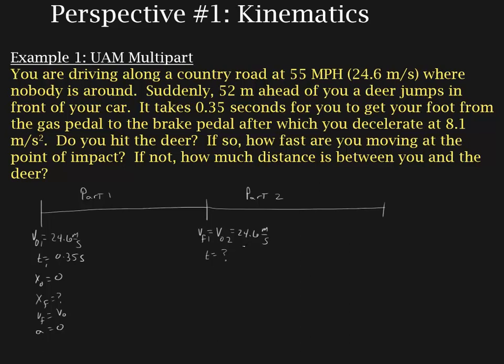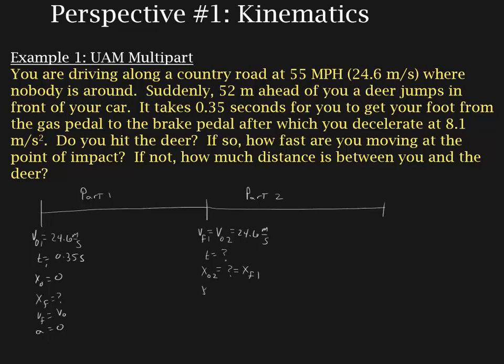Now, in part 2, we have V initial, which we know is the same as V final from part 1, 24.6 meters per second. Time is unknown. X initial for part 2 is an unknown quantity, but we do know that X initial of part 2 is going to be equal to X final of part 1.